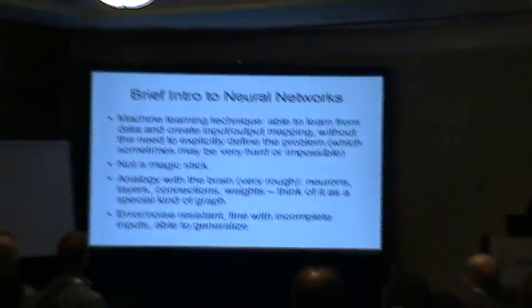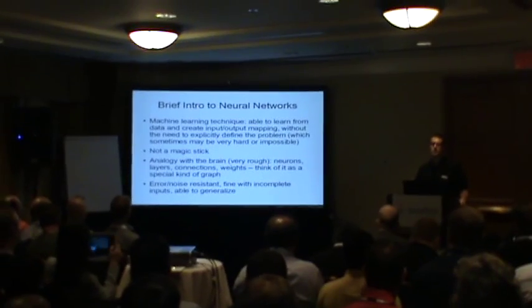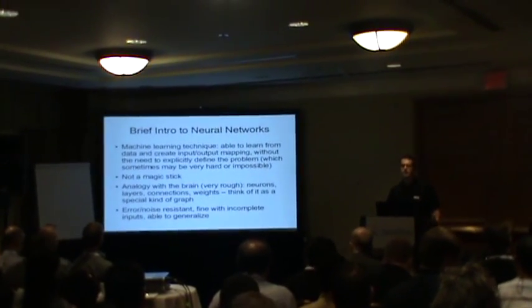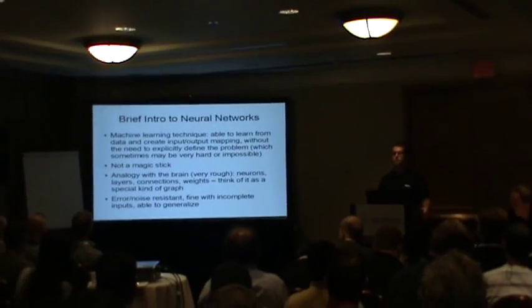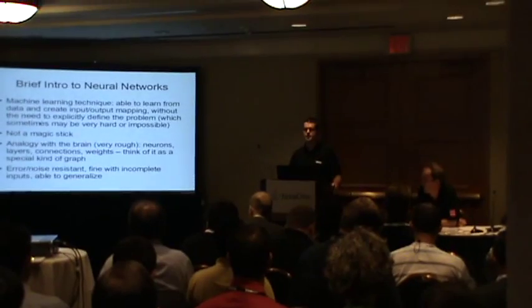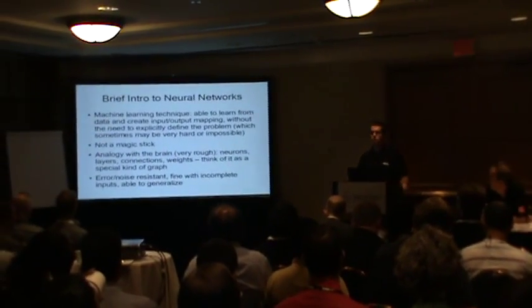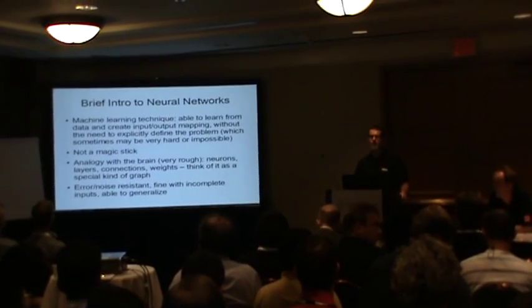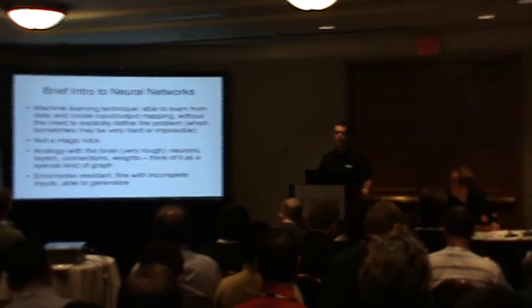examples. So neural networks are a machine learning technique that is able to learn from the data and create a sort of input-output mapping. So the idea is to take some data set and to define what outputs we want to get for that data set, and the neural network, provided the data, can learn and provide that mapping.